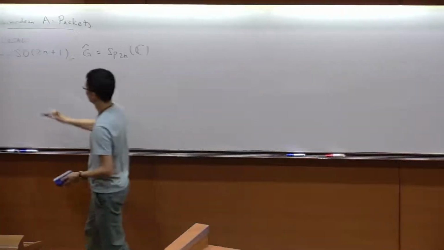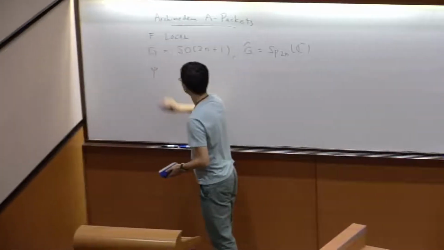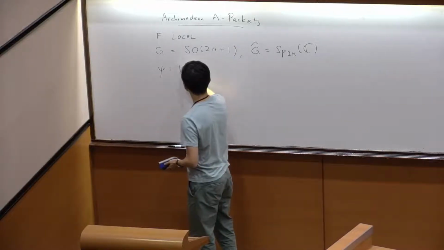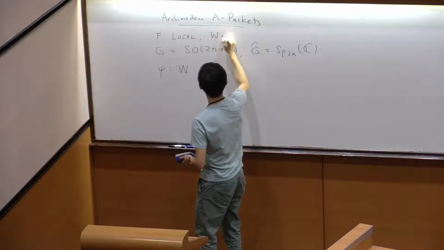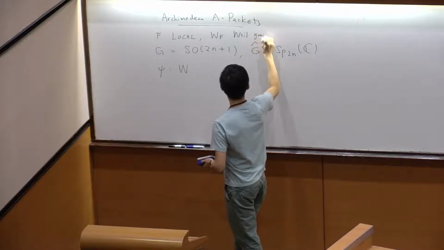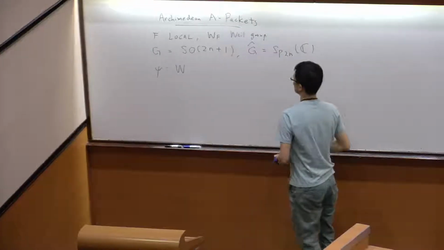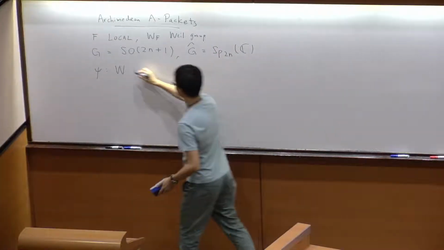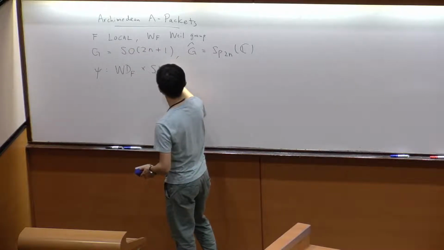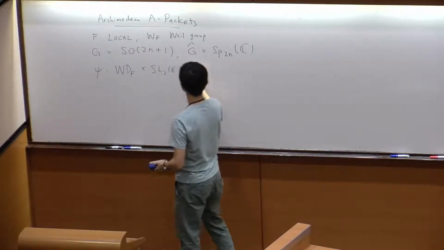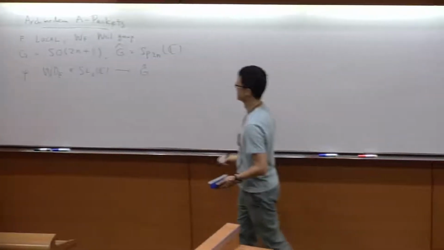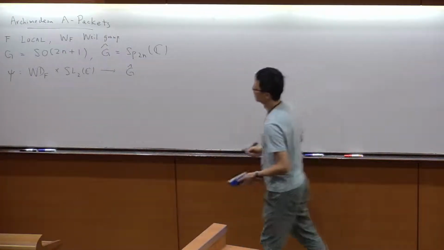And so if we have another parameter, what is that? WF is the Weil group, and then we have the Weil-Deligne group. So I will just put it this way. This is a local A-parameter.